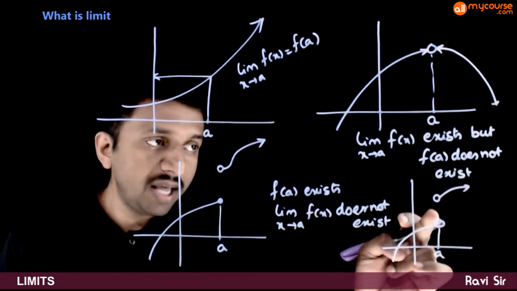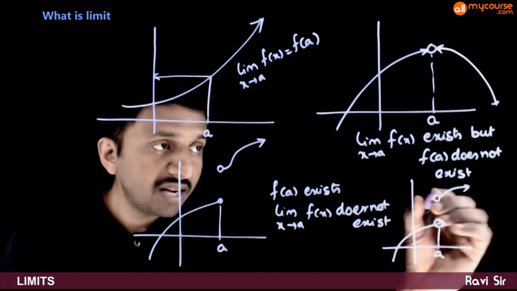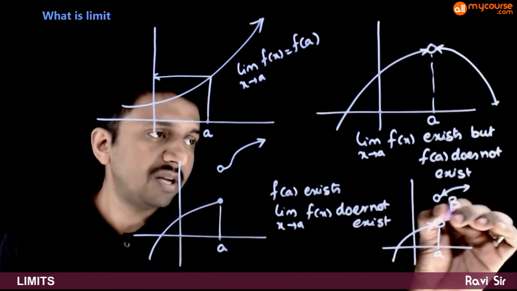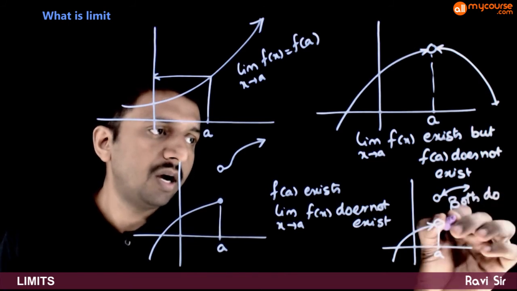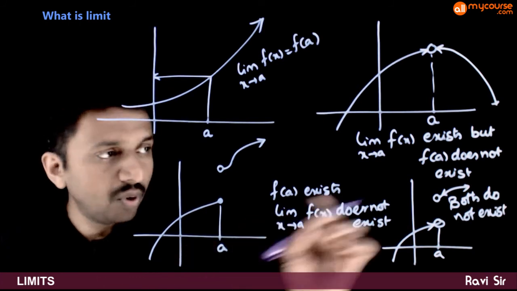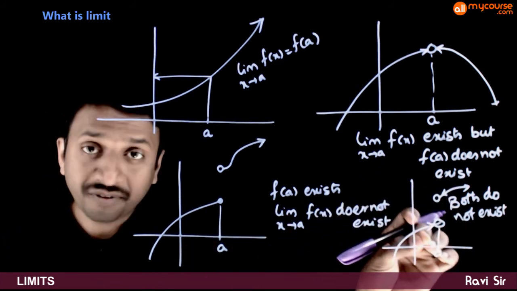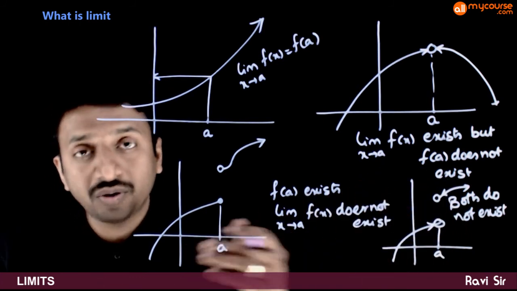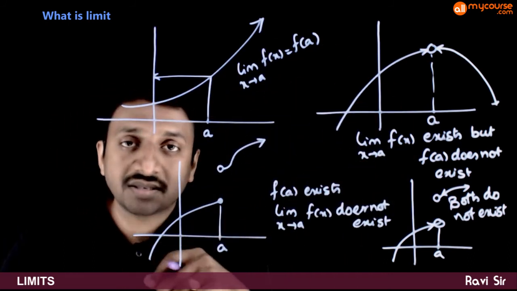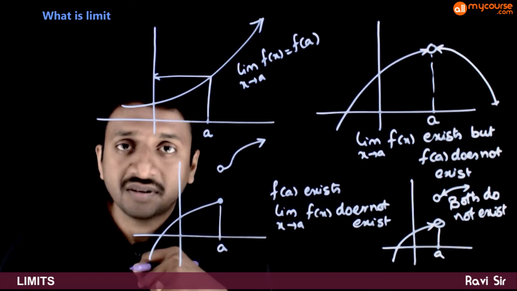At x equal to a, f of a also does not exist and limit also does not exist. So both do not exist. So you can have any of these four cases in terms of limits.